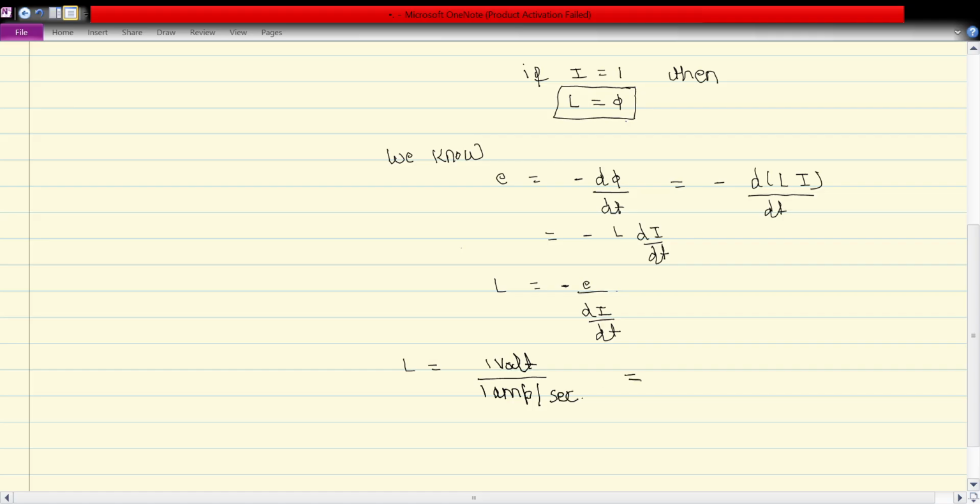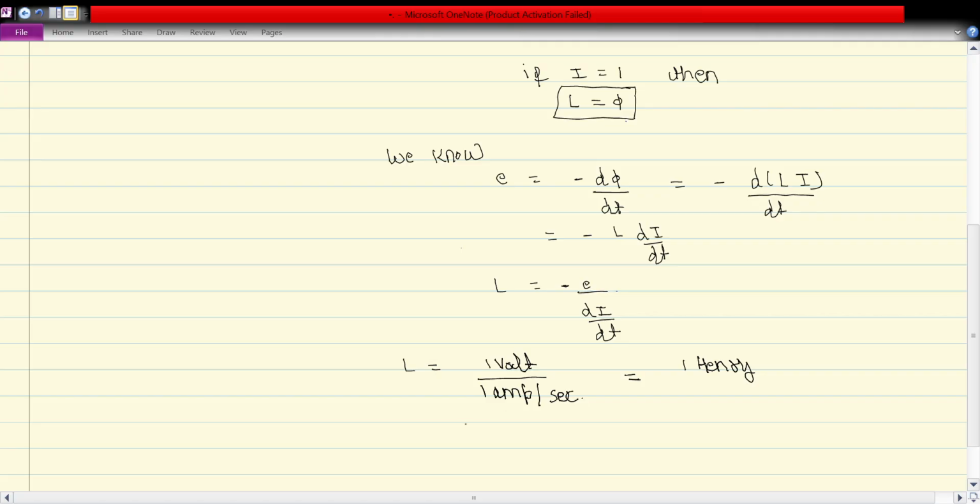So this is equal to 1 Henry: 1 volt for 1 ampere per second is equal to 1 Henry.